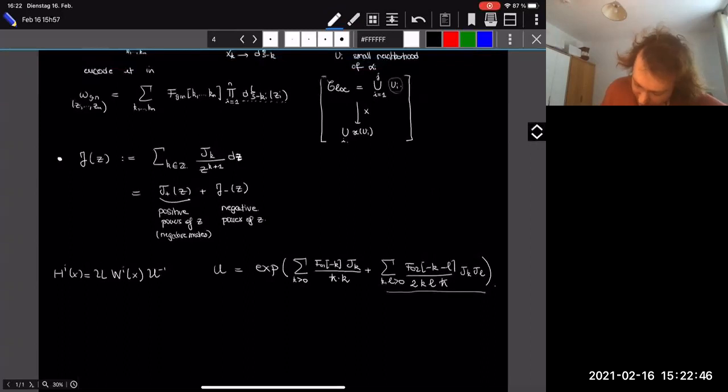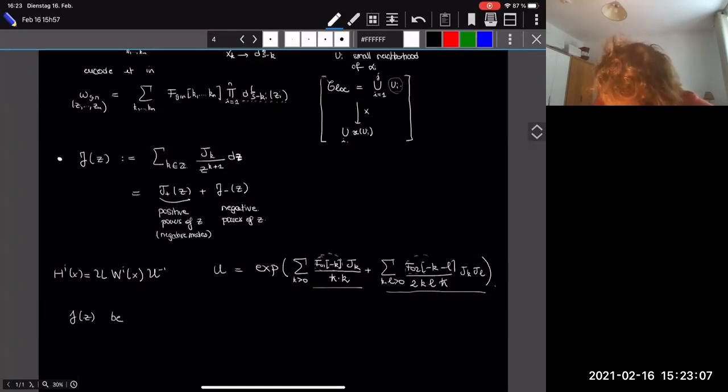So we want to know what's the effect of this U on the J. As I say, this is shifting. This one is shifting the negative J_k because the negative correspond to the x_k. So we shift them by a constant, which is this one. And this one corresponds to replacing some negative mode by negative mode plus something positive.